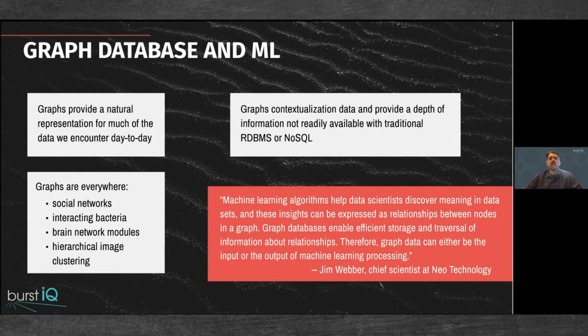Machine learning doesn't depend on graph databases in order to work. You can use machine learning with all sorts of data input. But there's a basic efficiency in how storage and traversal of information within a graph is beneficial to machine learning. So at the end of the day, graphs can be inputs into machine learning, but they can also be a natural output of machine learning.